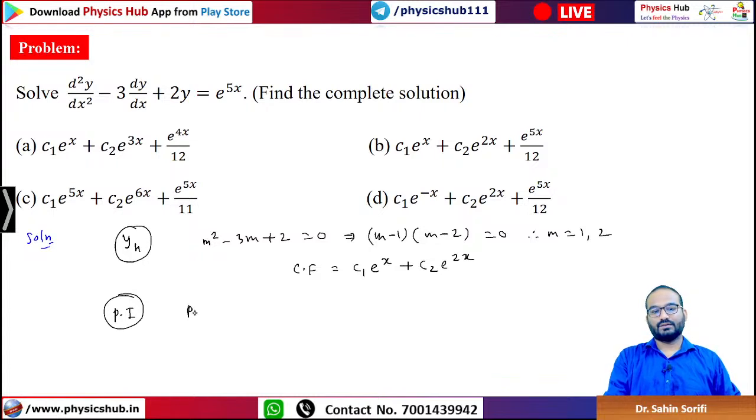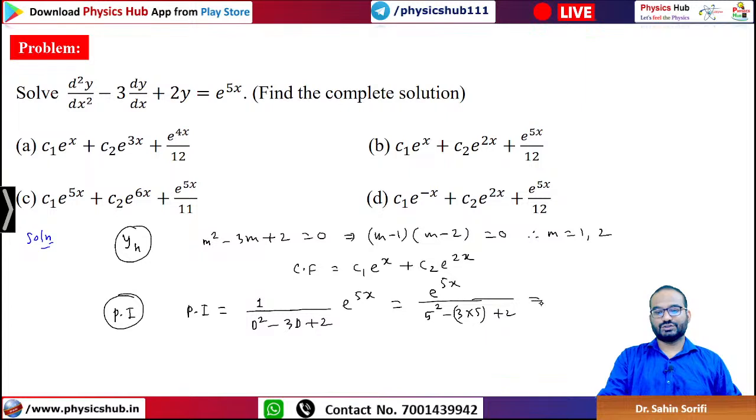The particular integral will be 1 upon D square minus 3D plus 2 times e to the power 5x. So D equals 5 we put, so e to the power 5x divided by 5 square minus 3 times 5 plus 2.